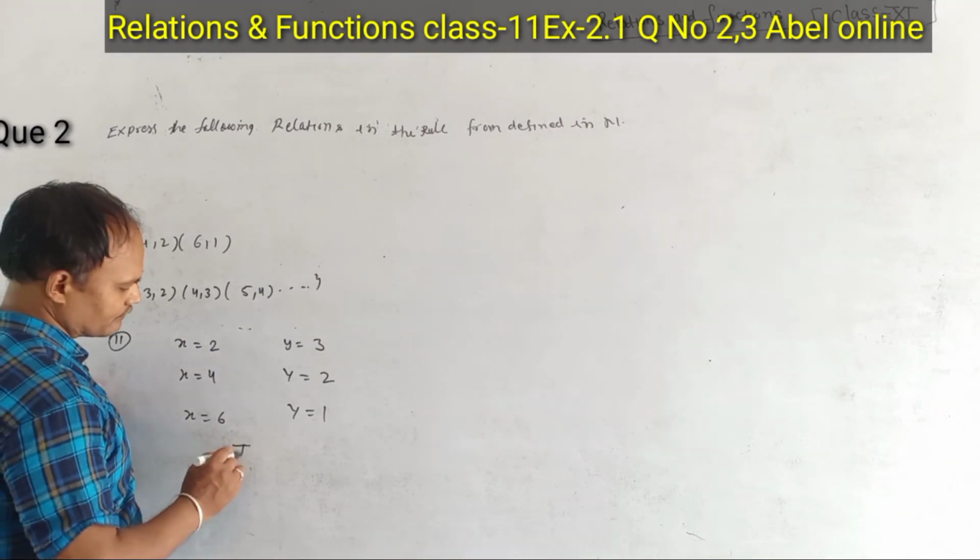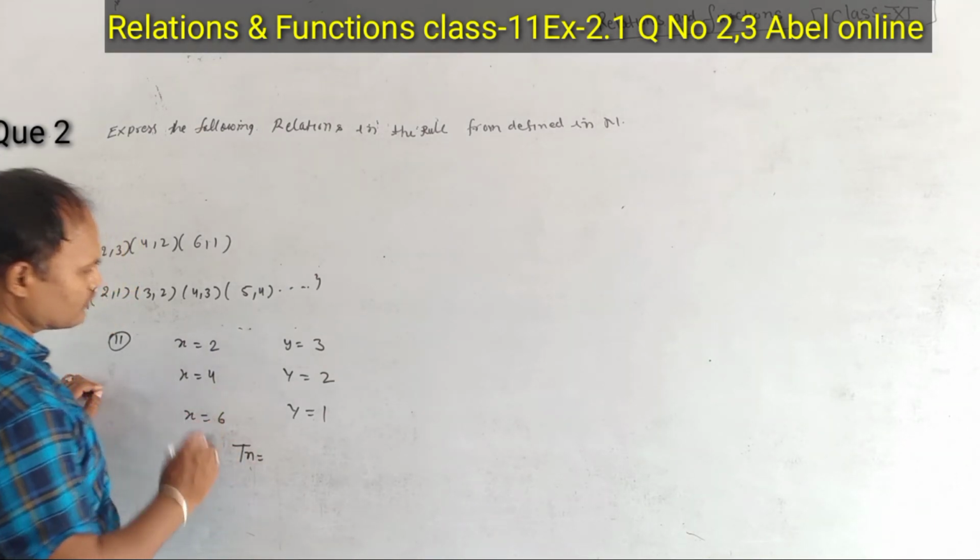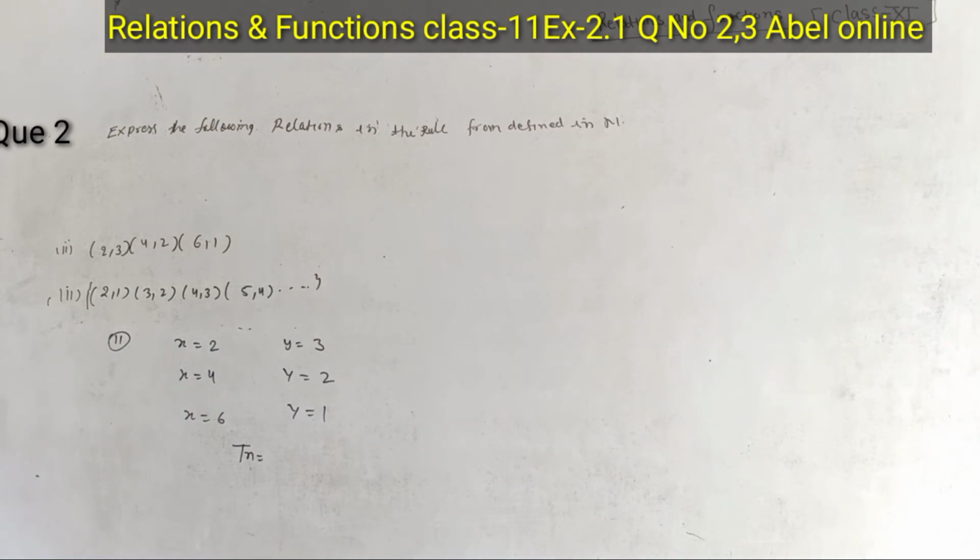Tn equal to 2, 4, 6. So what is the data? 2, 4, 6. Okay, so we are going to solve this question.